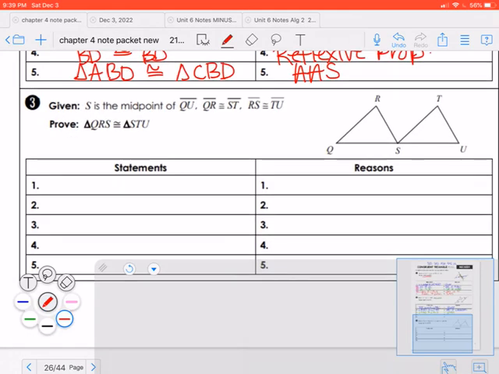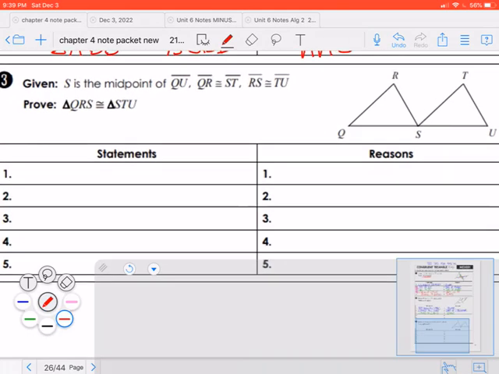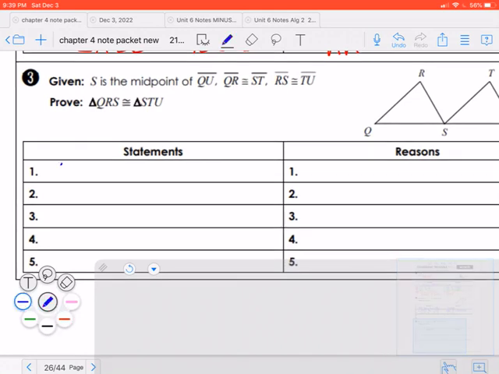Alrighty, number 3. Let's see what we have here. S is the midpoint of QU. Given.